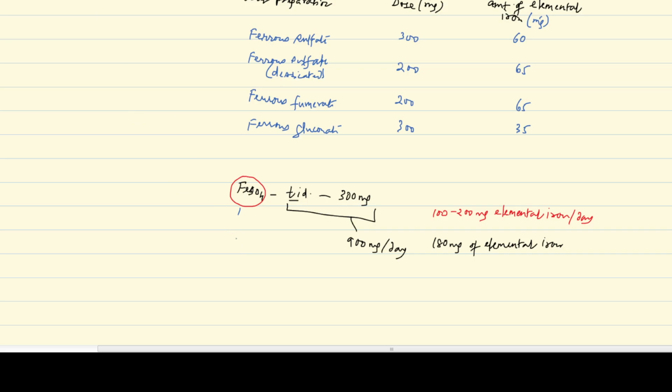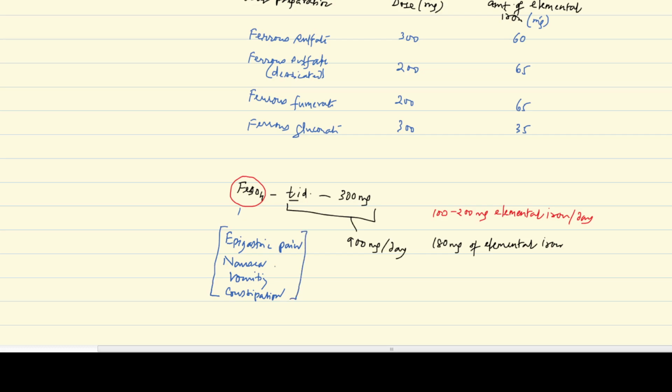Okay, so we would have GI manifestations, which is epigastric pain, nausea, vomiting, and sometimes people have constipation. So this is what people experience.